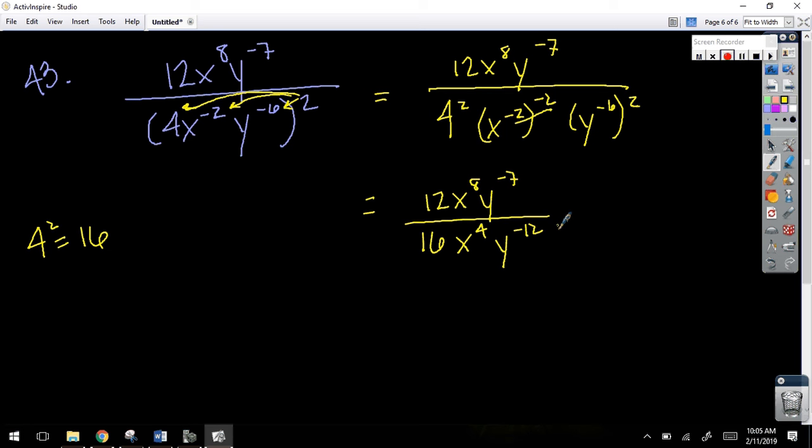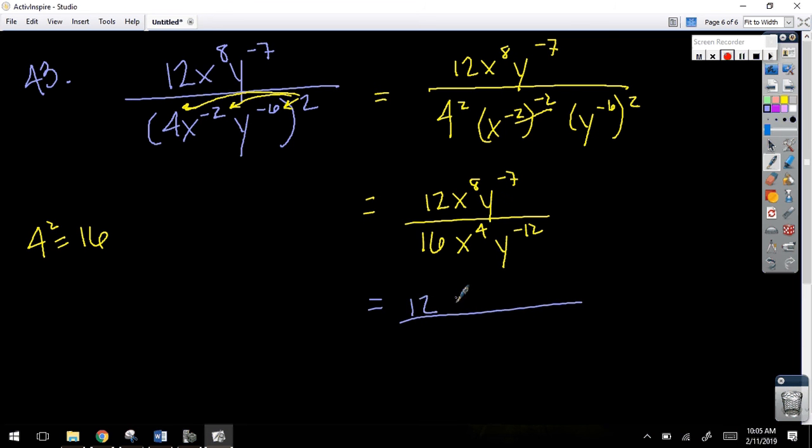Now it's up to you what we do next. Do you want to move negatives? Do you want to subtract? It depends. You can't leave it like that. Go ahead, tell them what to do. That'll be negative 7 minus negative 12. That'll be y.